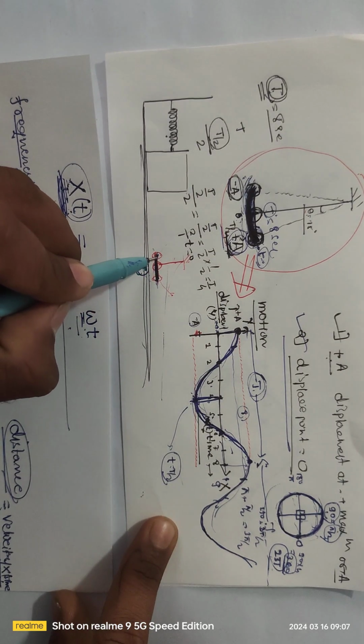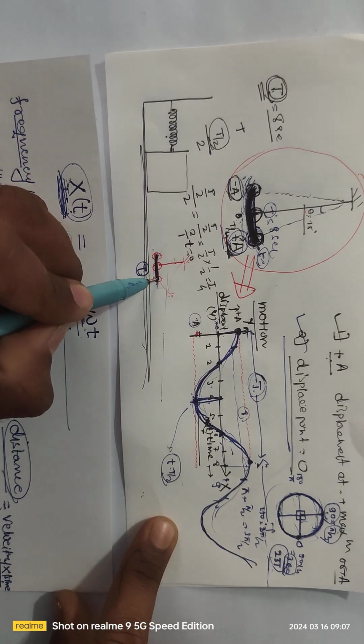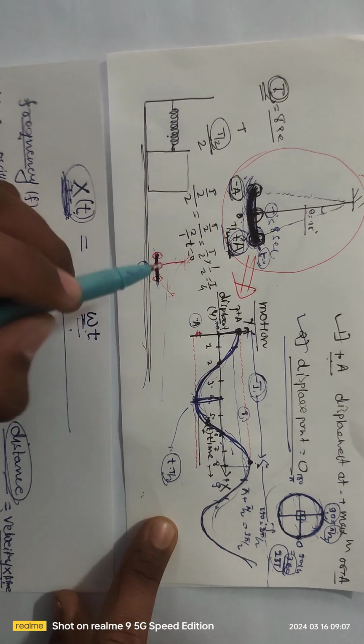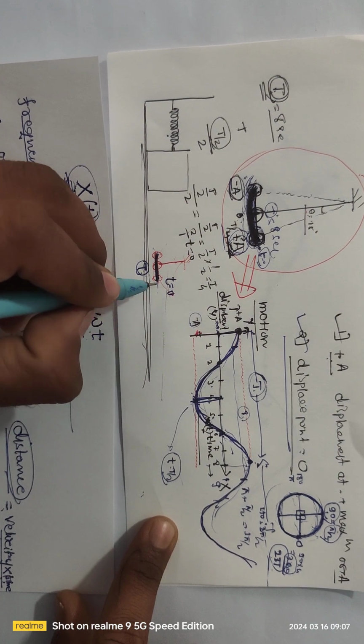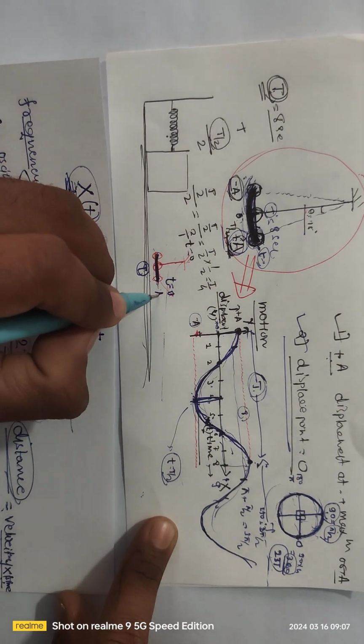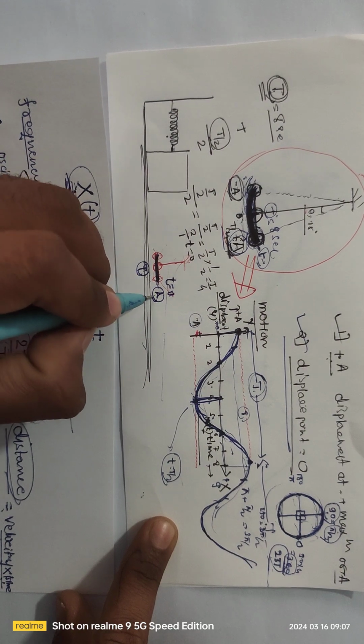After one period of time, again it will reach this position. So at t equal to 0, the position of the particle or the bob is at a.